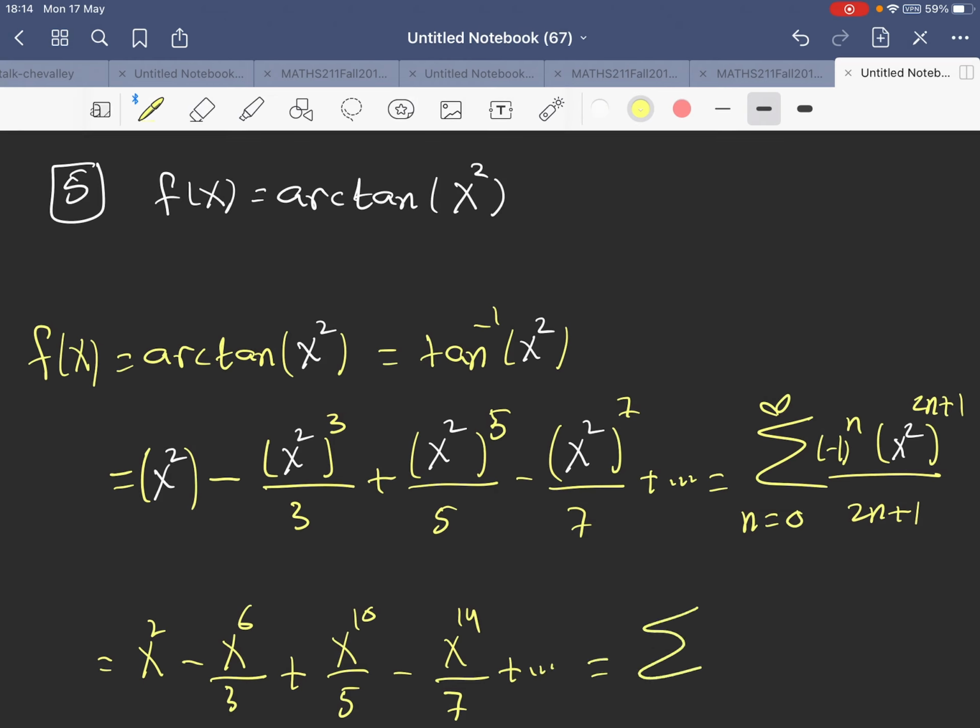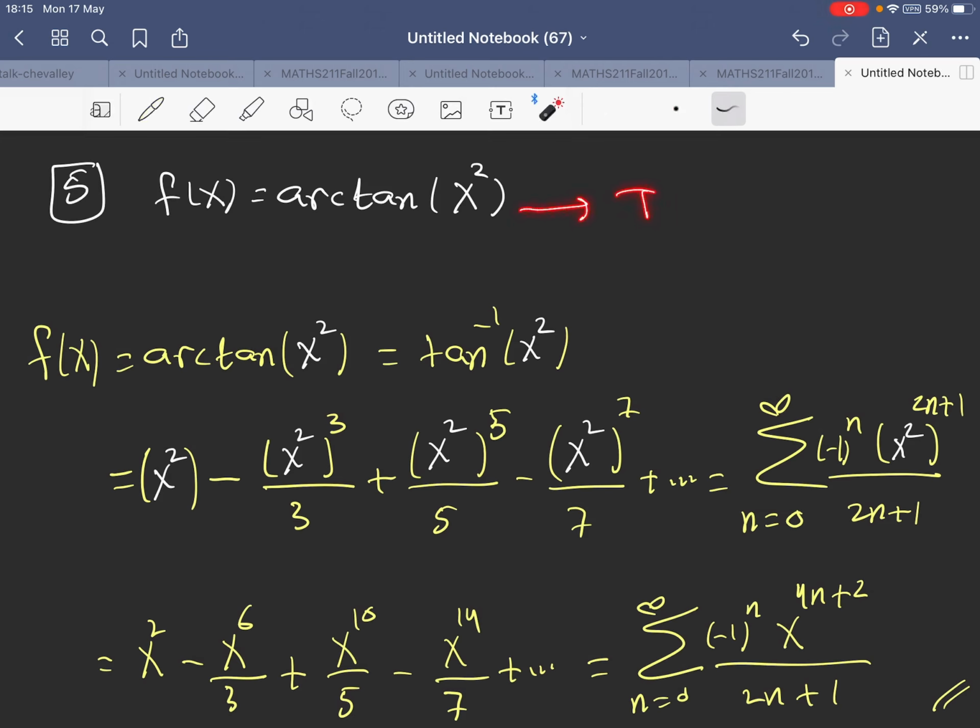And if you do it as sigma notation, it will be alternating, and then it will be x to the 4n plus 2 over 2n plus 1. And that's exactly what you need to write for the Maclaurin series. Now remember, this one you can do with the table, but it will be lots of work because you need to see the pattern.